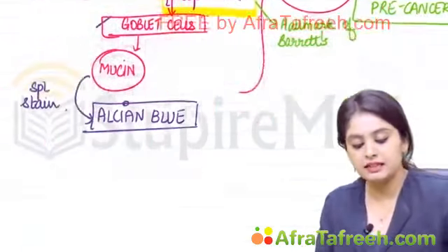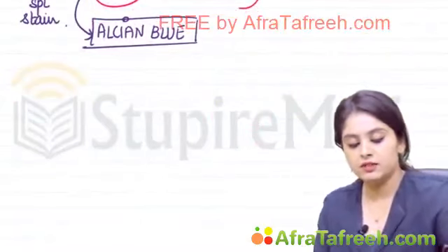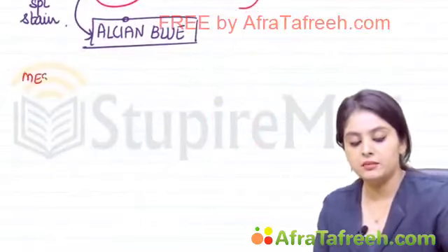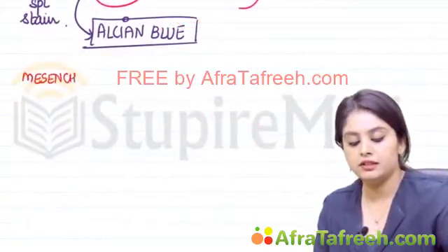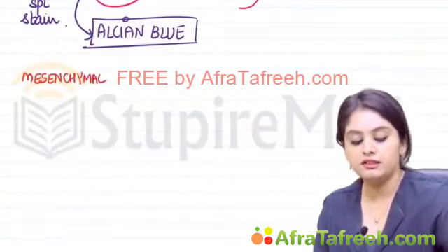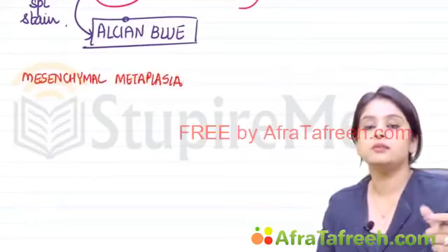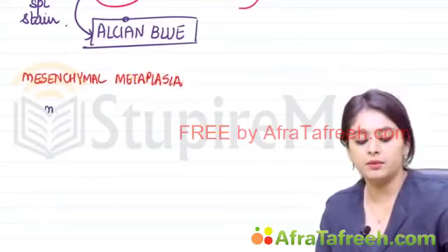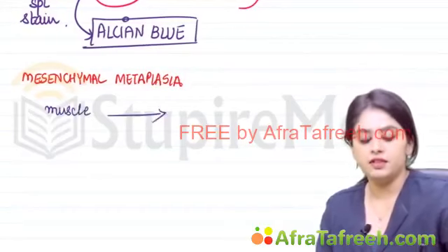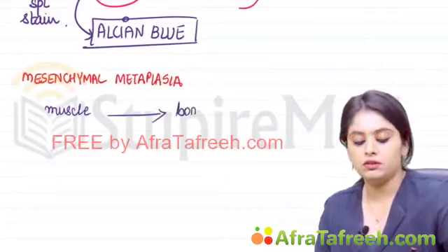There is another category, which is commonly known as mesenchymal metaplasia. What do we mean by this? One mesenchymal tissue, for example, muscle, is converting into bone.